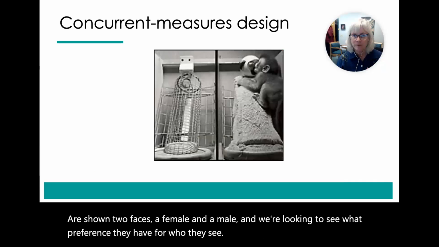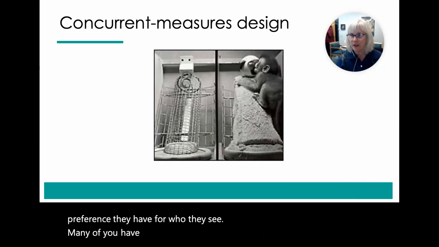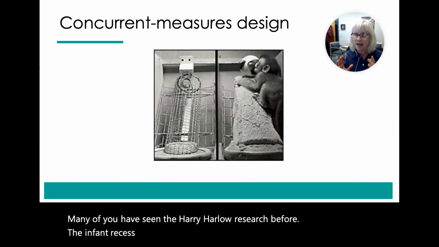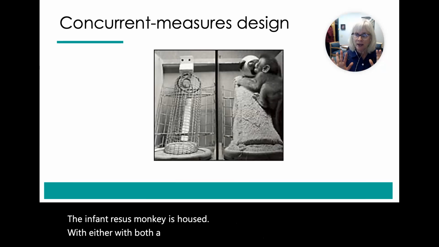Many of you have seen the Harry Harlow research before. The infant rhesus monkey is housed with both a cloth mother and a wire mother, and has to choose which one to spend time with.